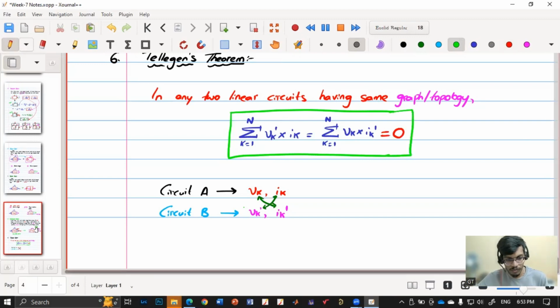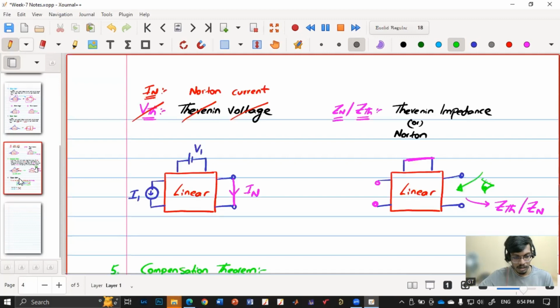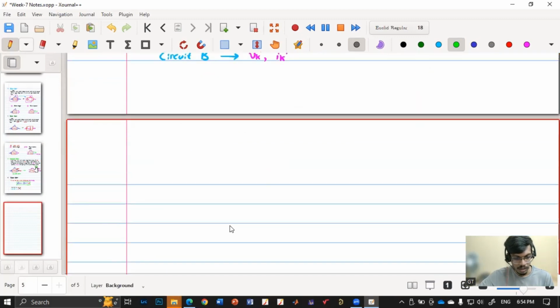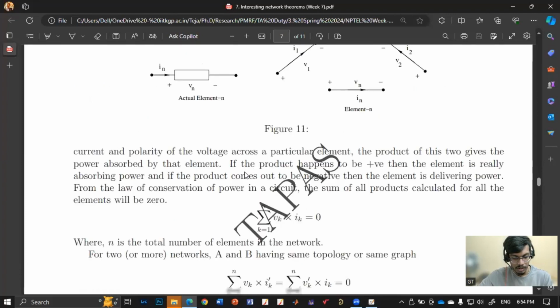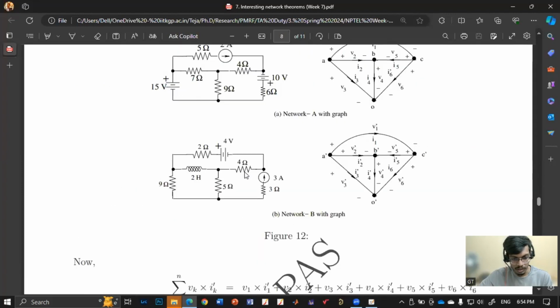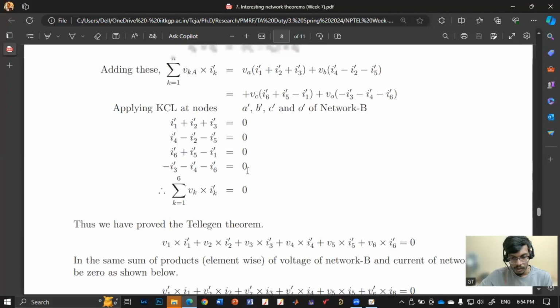So we'll first consider one circuit, and first I'll explain what a graph is. Then we'll get into the theory. For this, I'm taking the circuit from here so that I need not draw the circuit again.